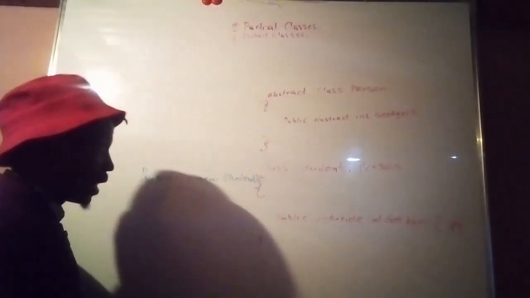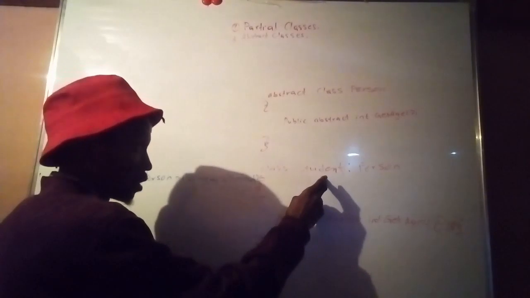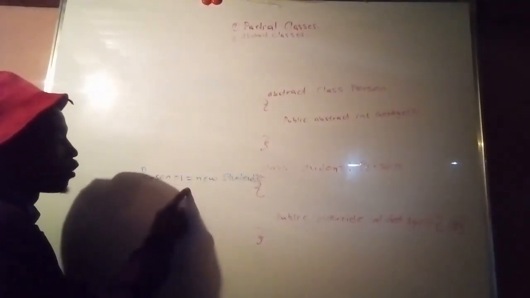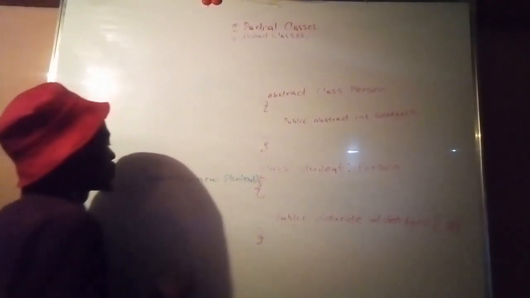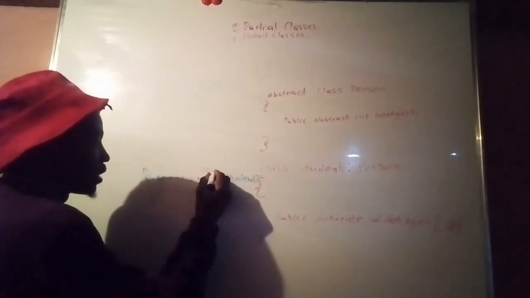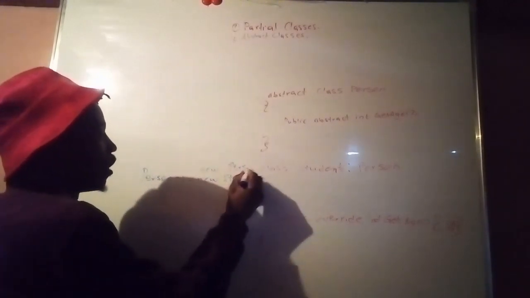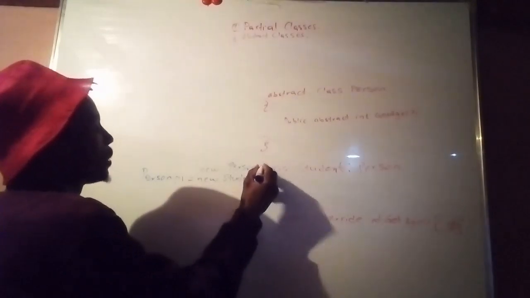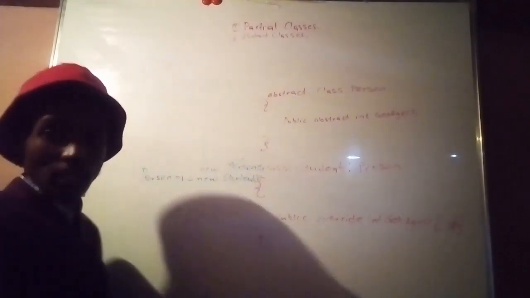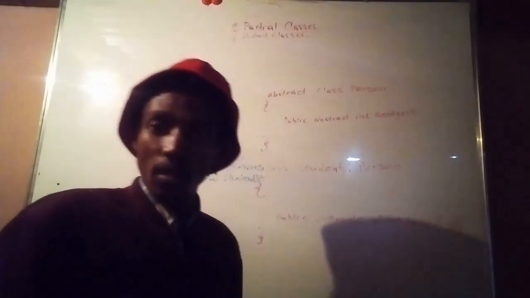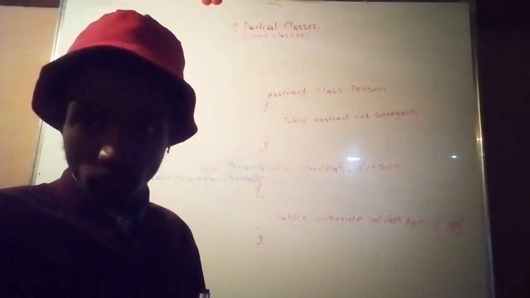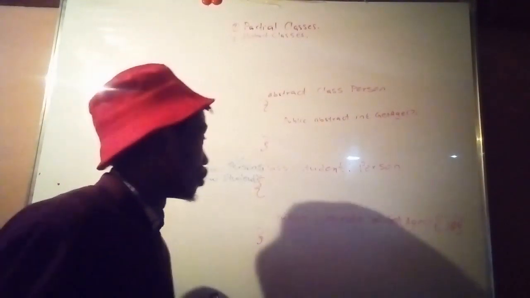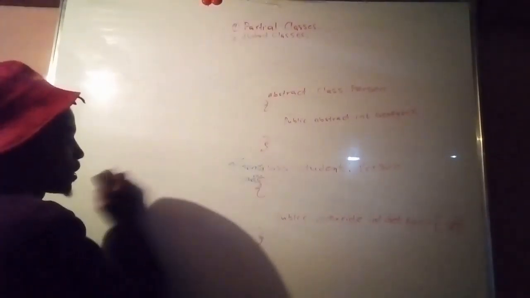So that means we are allowed to take an instance of student and assign it to a reference variable of type person. But we are not allowed to create an instance of person, because person is an abstract class. Therefore, you cannot create an instance of an abstract class. Are we together, people? Sure. So now we're coming to the next thing.